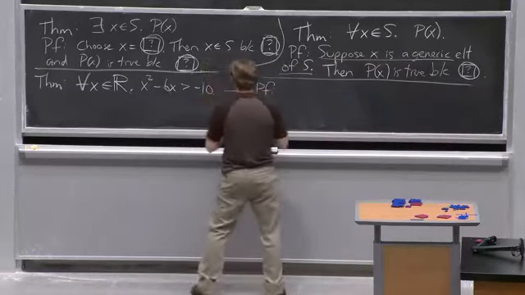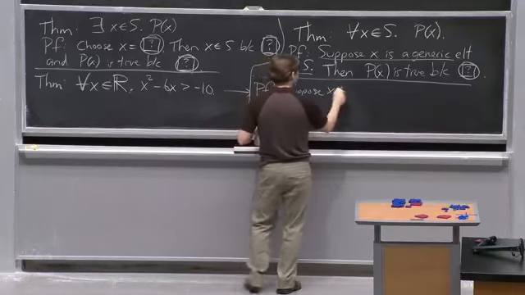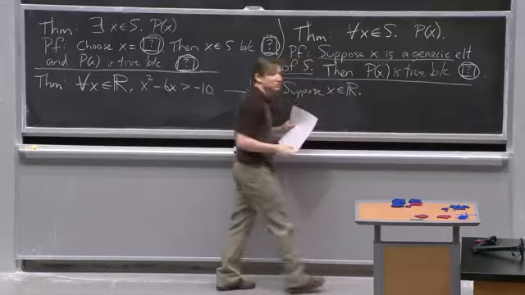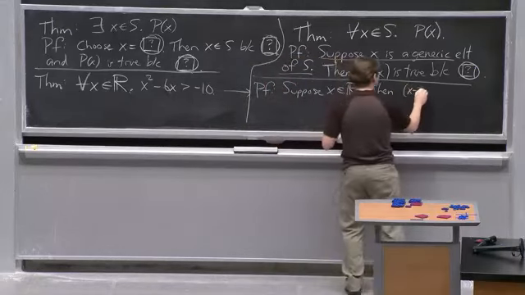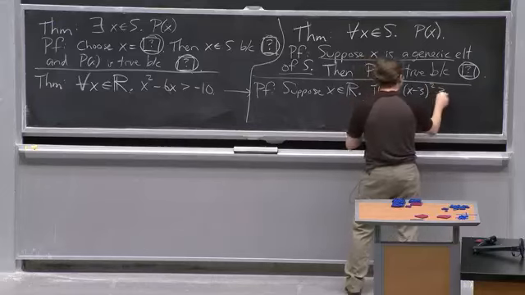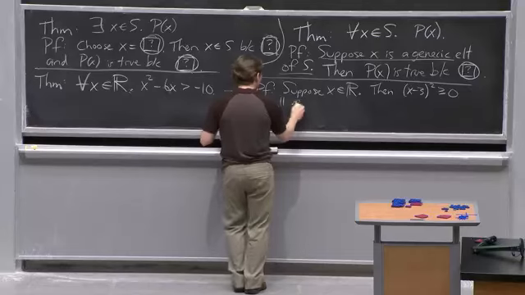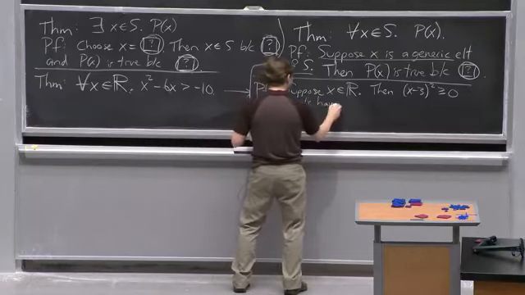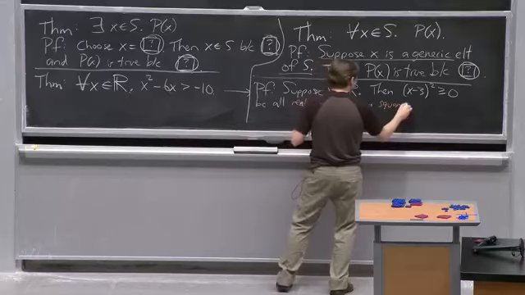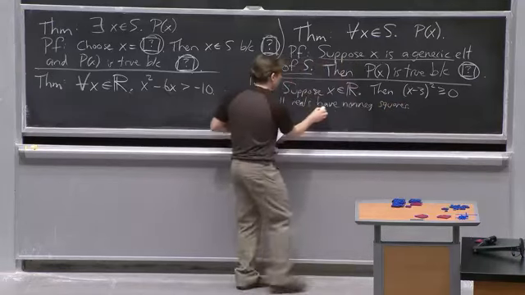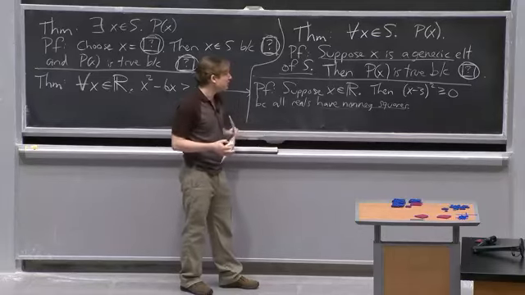So how do we prove this theorem? Proof. Let's see. Suppose x is an element of the real numbers. Then, let's see, (x minus 3) squared is greater than or equal to 0 because all reals have non-negative squares. This can be a fact we're citing from high school. We know how the real numbers multiply to each other.